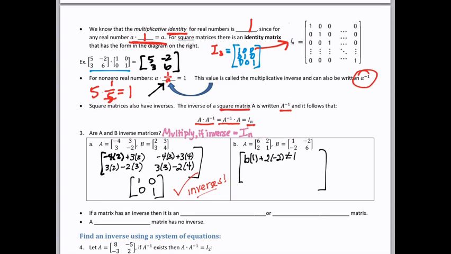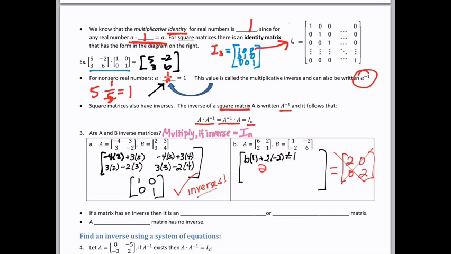Alright, for B, I don't have to go very far, because if you multiply the first row and the first column, we're going to get a 2, and our first entry has to be a 1 to get the identity matrix. If you went all the way through to multiply this, you should have gotten 2, 0, 0, 2, which even though it looks like it's the same form as our identity matrix, it doesn't have that diagonal row of 1s there, so that one doesn't work out. These matrices are not inverses of each other.